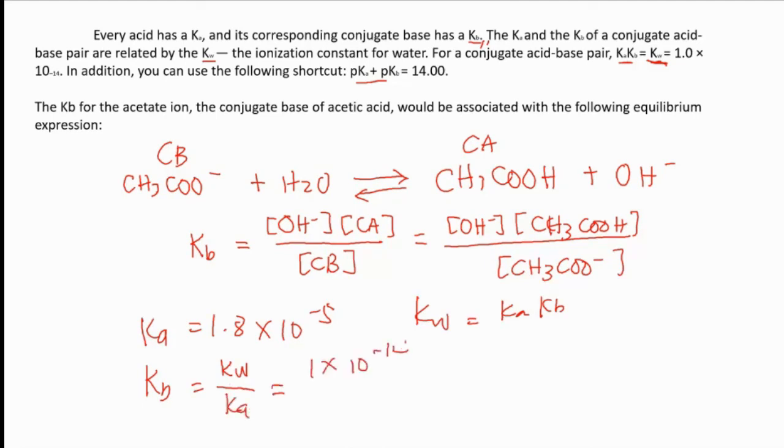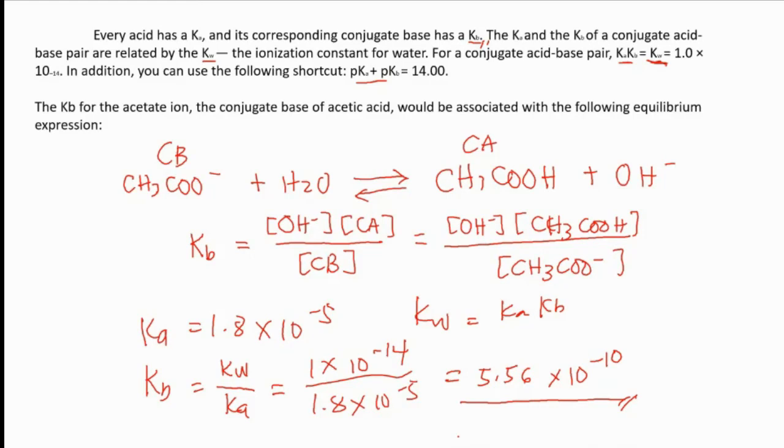Substitute the values. What did you compute? 5.56 times 10 negative 10. That is the Kb of the acetate ion.